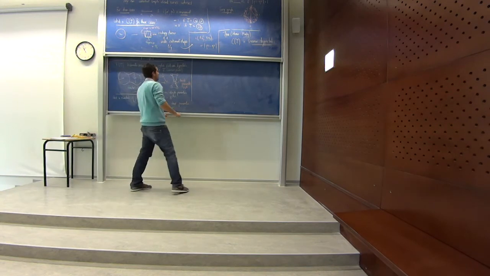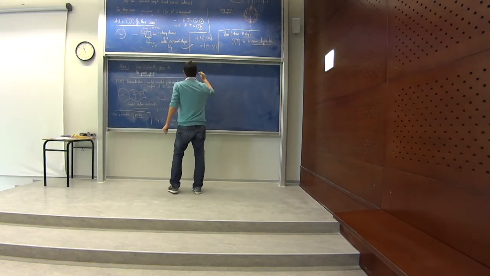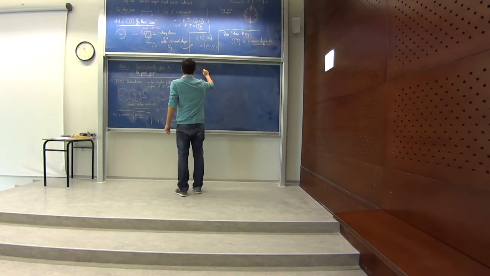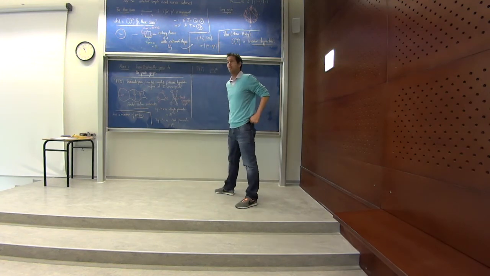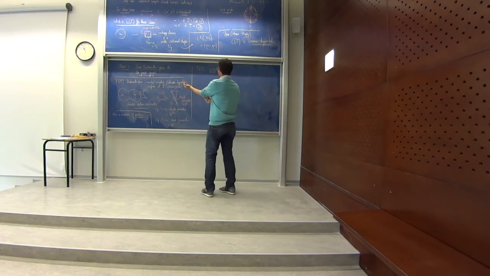Okay, so what is the pants graph now? This is a graph, and vertices are exactly the pants decompositions of the topological surface.